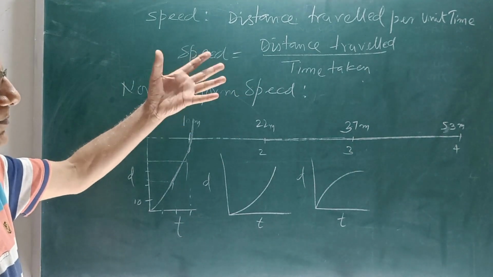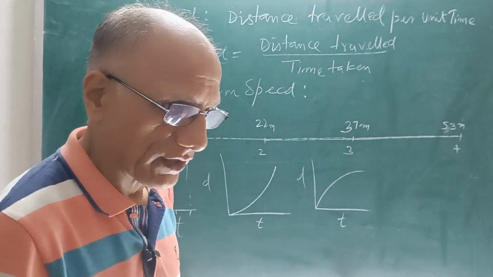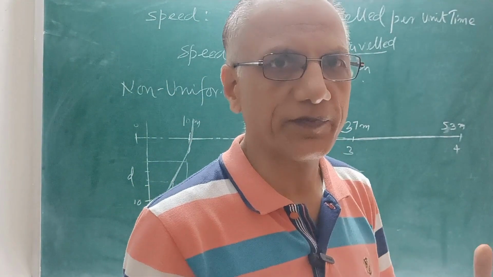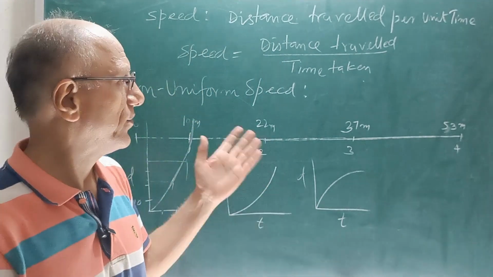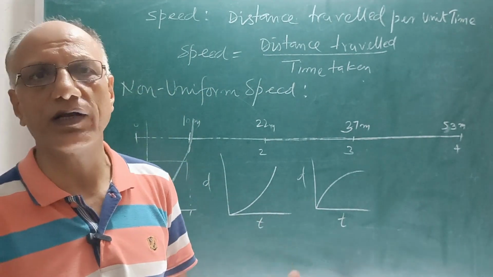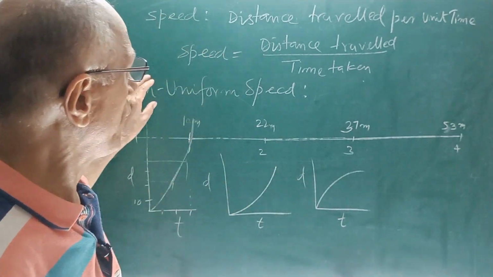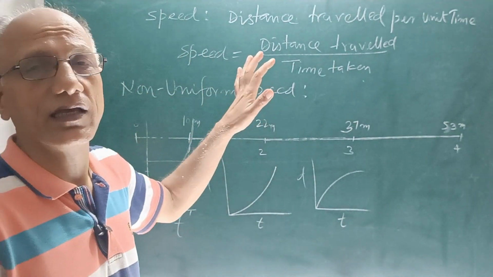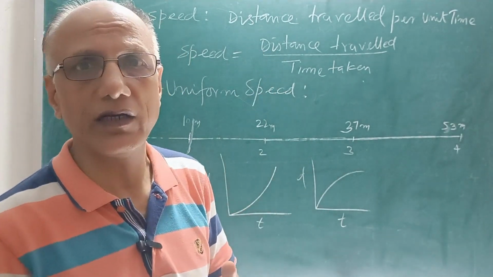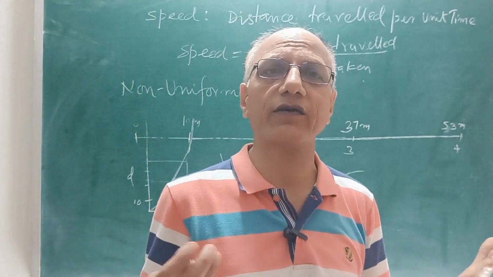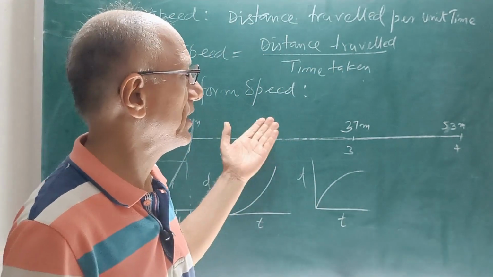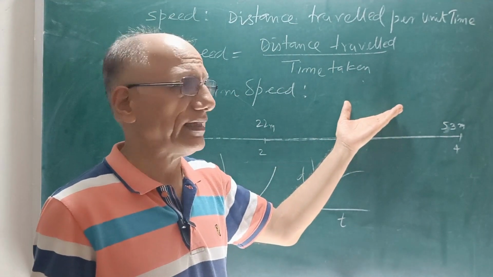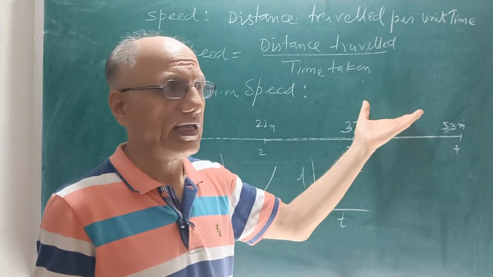Once we will just repeat. Speed is the distance traveled per unit time. Unit is meter per second or kilometer per hour. Uniform speed means when a body covers equal distance in equal intervals of time, then we say the speed of the body is uniform speed and the motion is uniform motion.